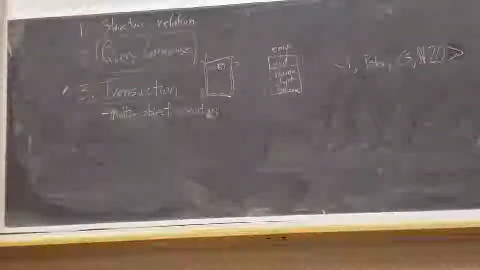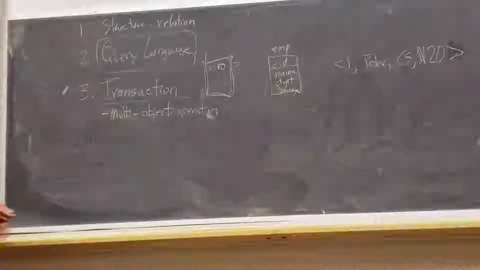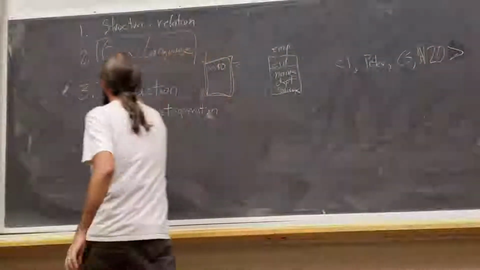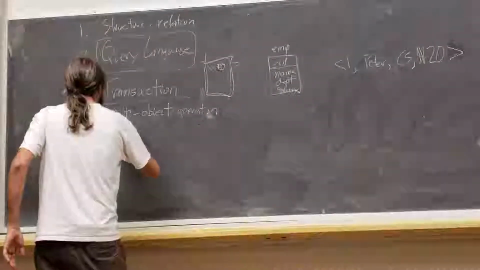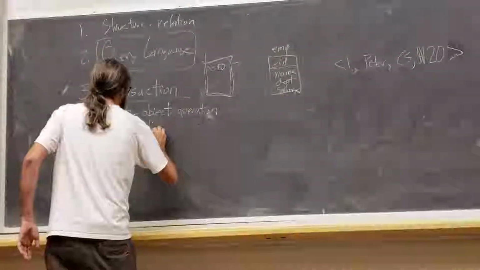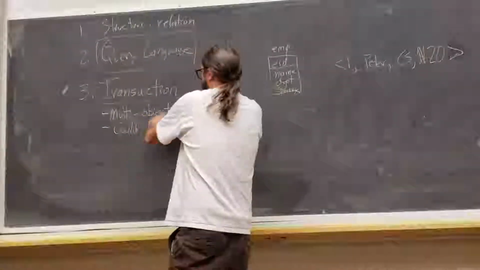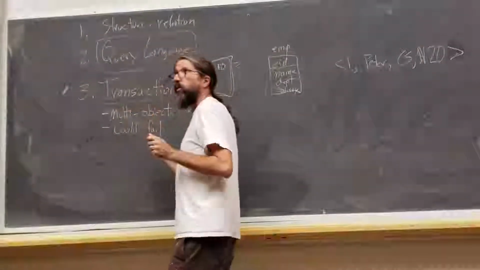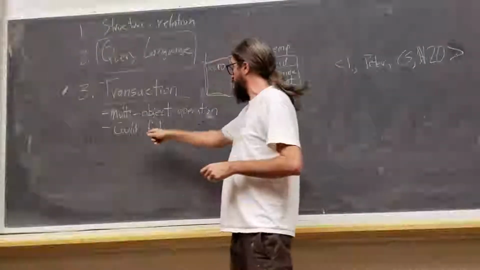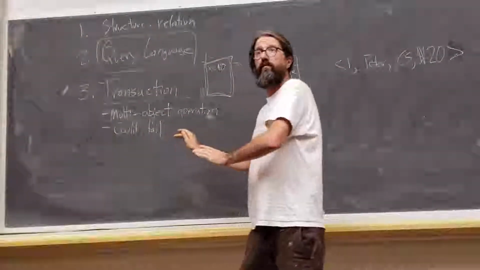Here's the problem. I need them both to happen. And that's not all. But the idea is that a transaction is a multi-object operation, and yes, it's something that could fail, and you have this idea that it either commits in the sense of all of the operations happen, or it aborts in the sense of none of the operations happen. We studied commit protocols that can be used to enforce this in practice, right?